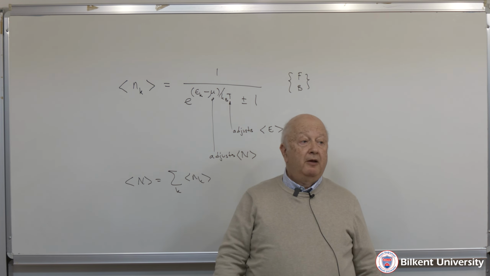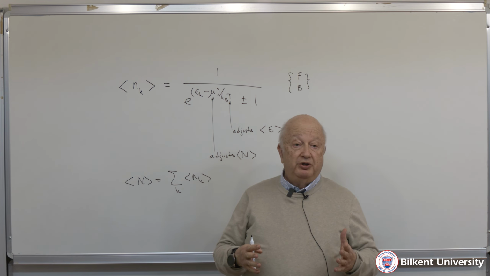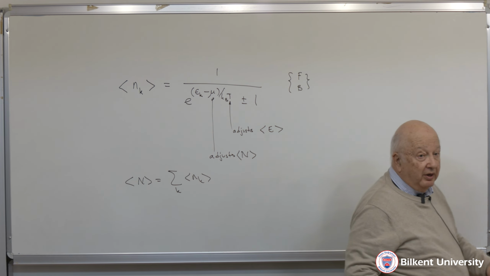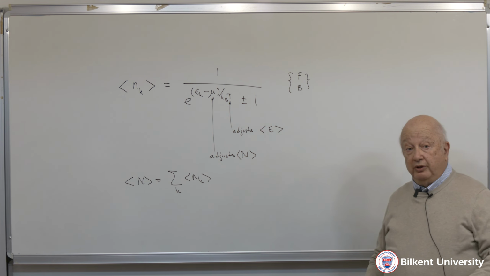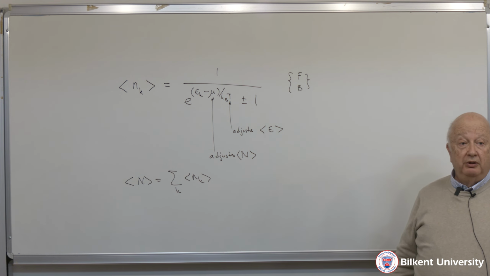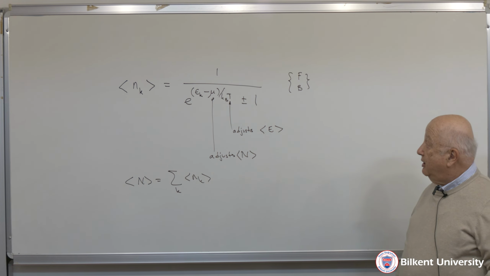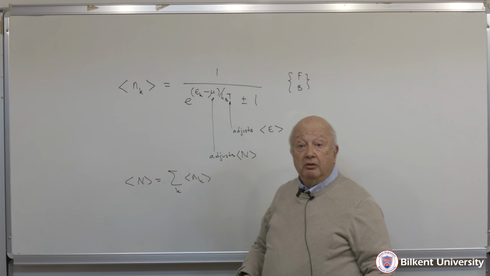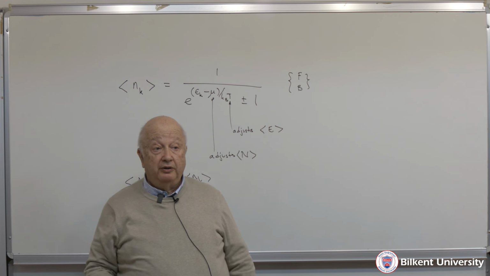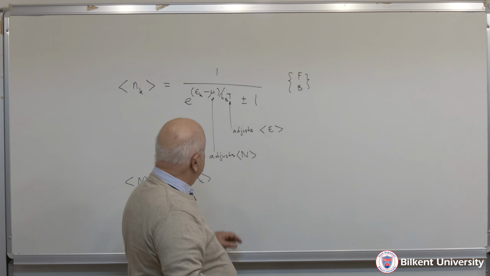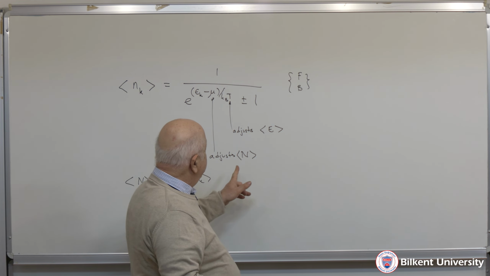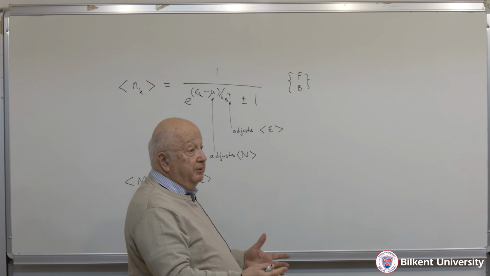Now, if I have a problem in which I don't want to adjust the number of particles, for example, I don't really care, or conversely, if I know the number of particles in the system, so I am going to use that n, then I don't need this chemical potential, the Lagrange multiplier which adjusts the number of particles. Then you set it equal to 0. It doesn't appear in the maximization equation.